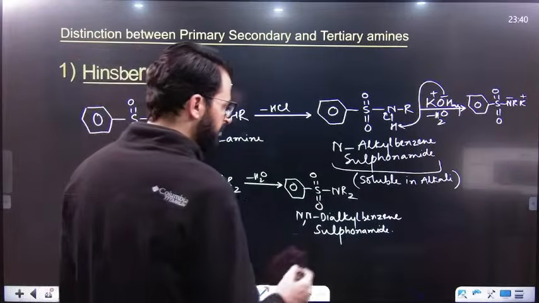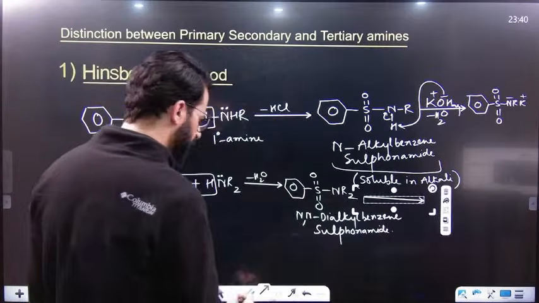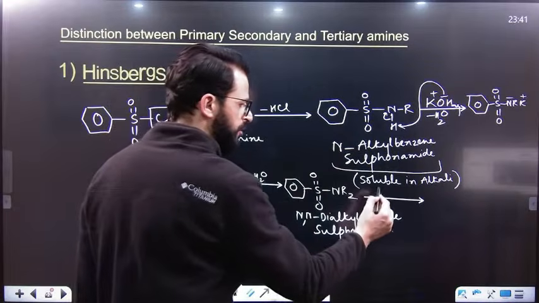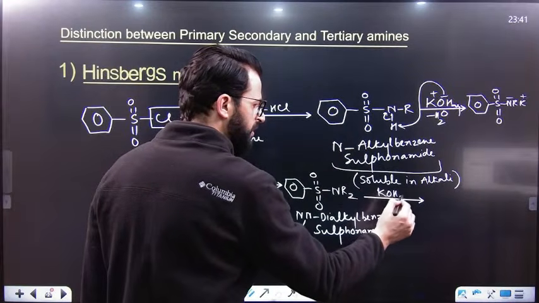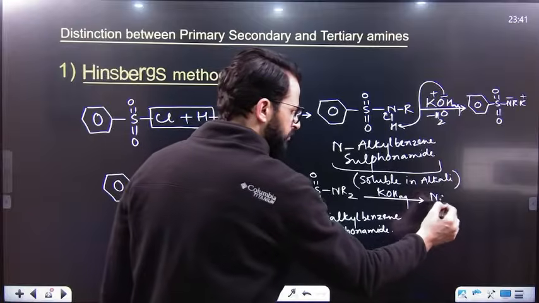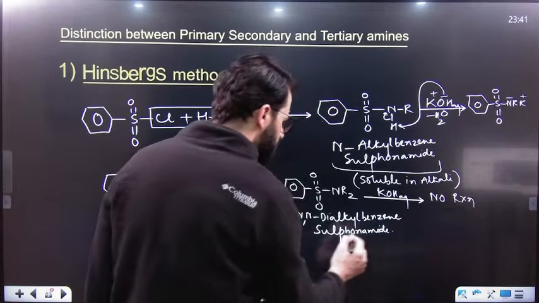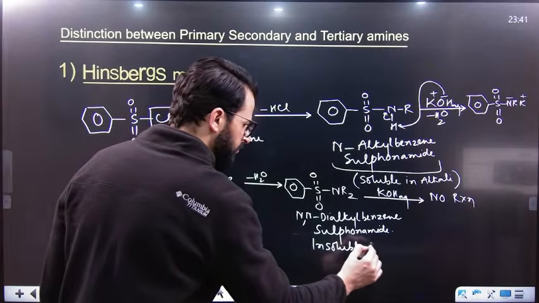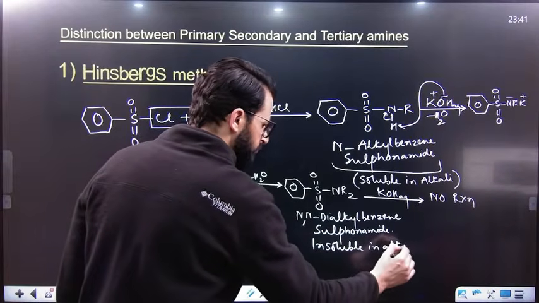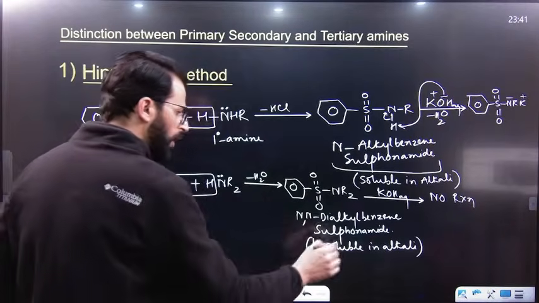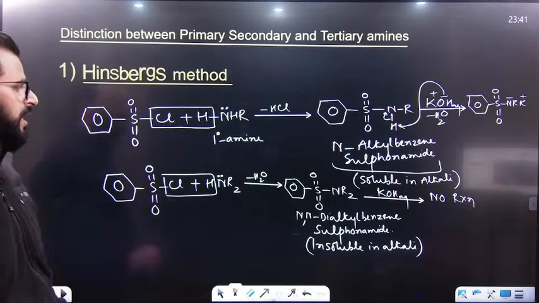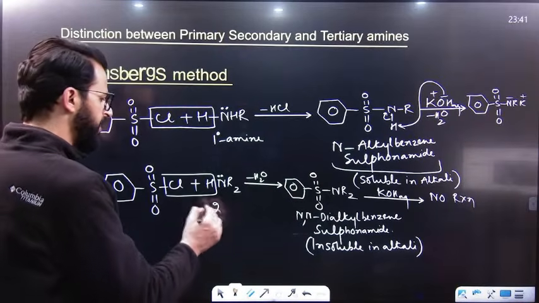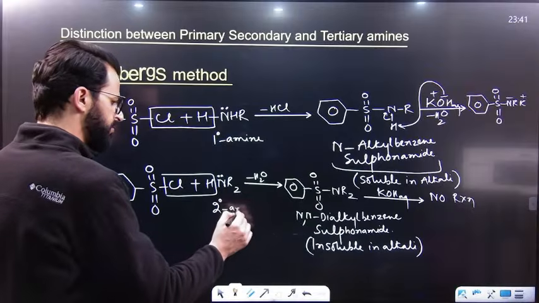Now, remember, as there is no acidic hydrogen now, here it was acidic hydrogen. So, if it is treated with alkali, there will be no reaction. That means it is insoluble. This solid is insoluble in alkali. So, whose solid is insoluble in alkali? Secondary amine when treated with Hinsberg reagent.